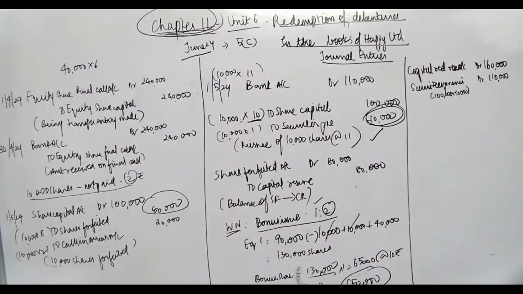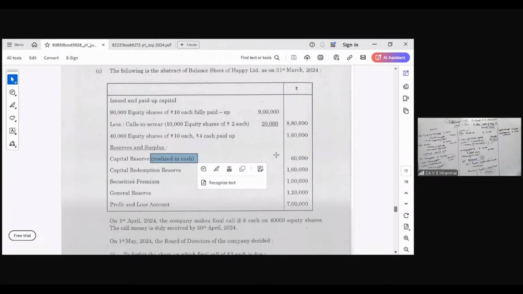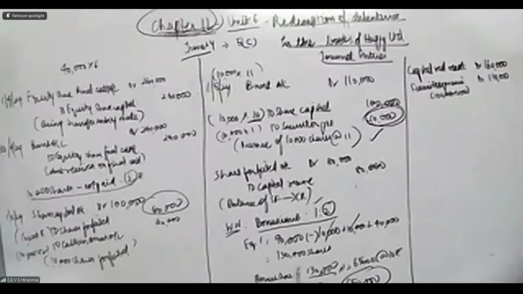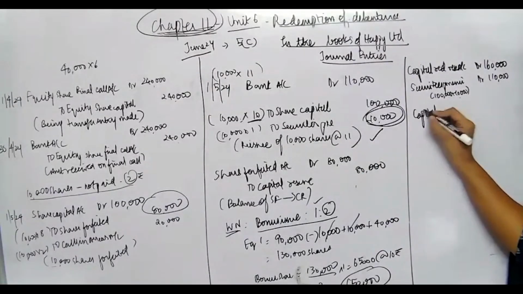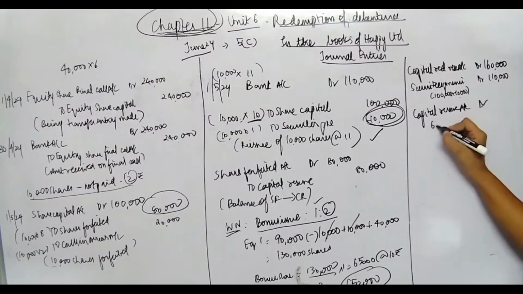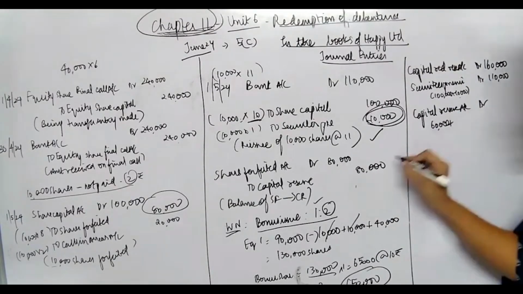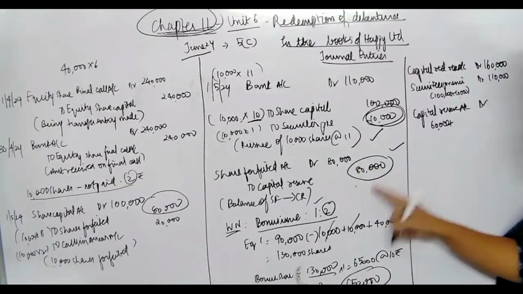Now come to the third one. All of you please see here, very important. Now we will go and touch the capital reserve because they have given you the words realized in cash. So how much is there? 60,000 is the capital reserve, so I am taking that balance here. How much is this balance? It is nothing but 60,000. But all of you please see, in this entry again 80,000 I am transferring.